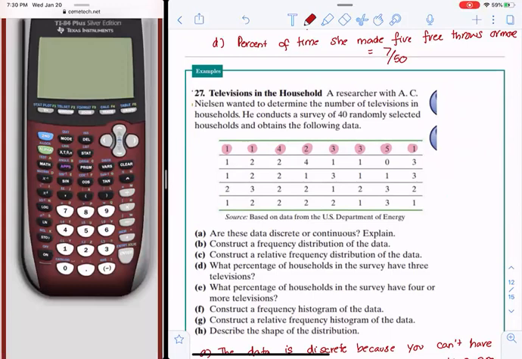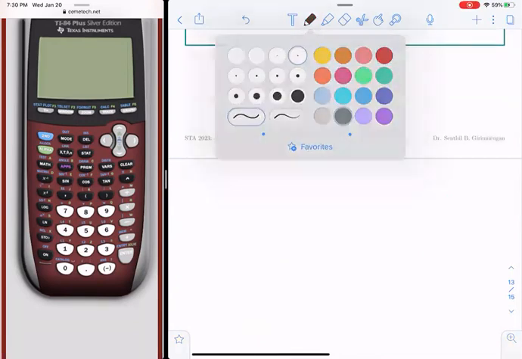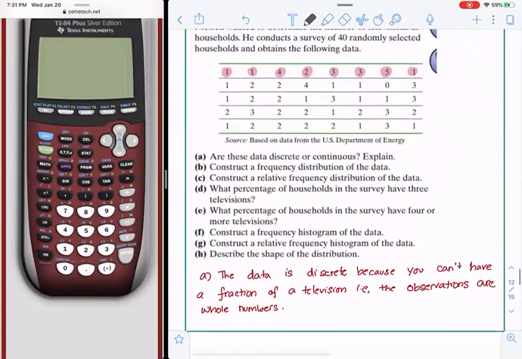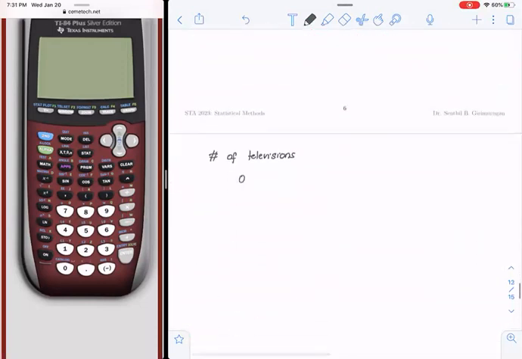So when we create the frequency distribution, we don't have classes, rather we simply have the number of televisions. The lowest value is 0, the highest value is 5. So 0, 1, 2, 3, 4, 5.